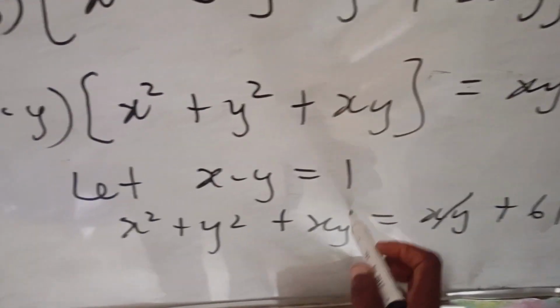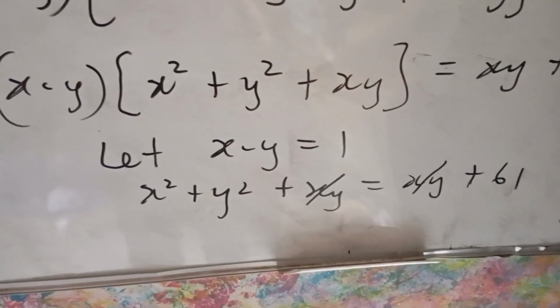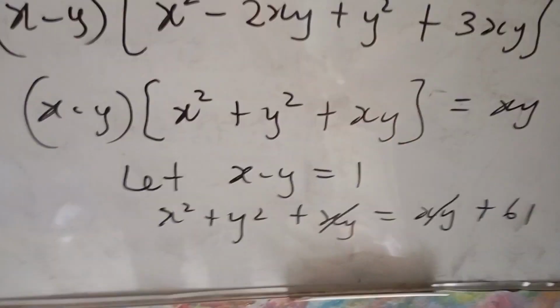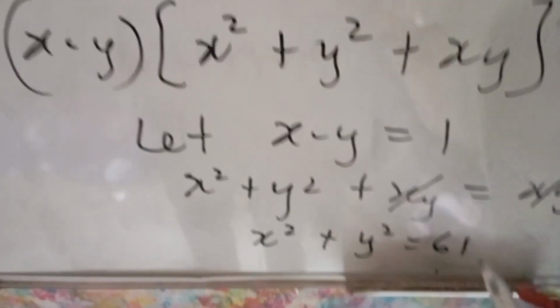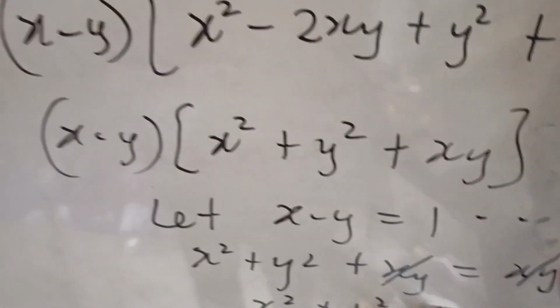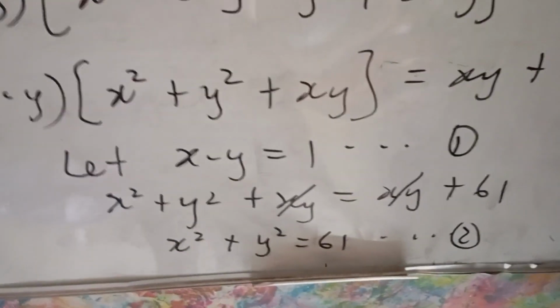Now on both sides we have xy, so it cancels out, and we are left with x squared plus y squared equal to 61. All right, so if we take this as equation 1, we're going to take this one as equation 2.